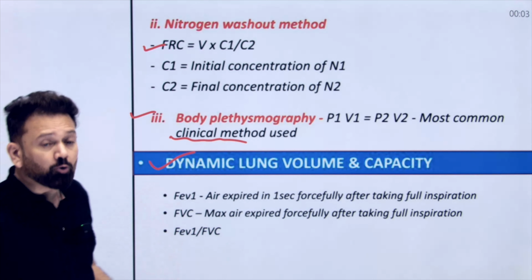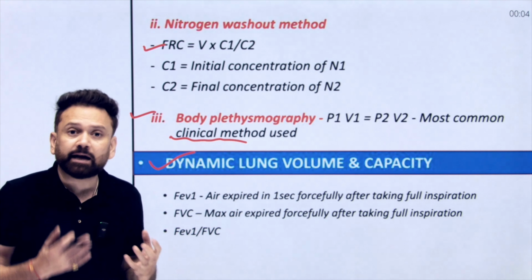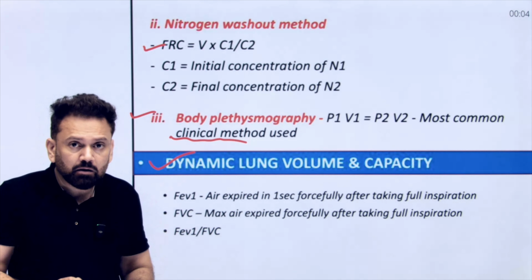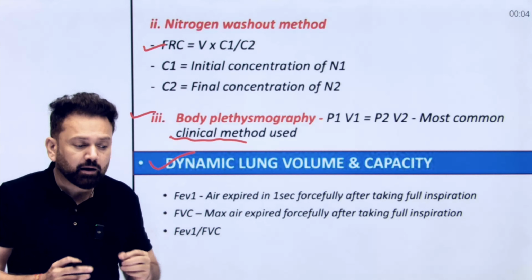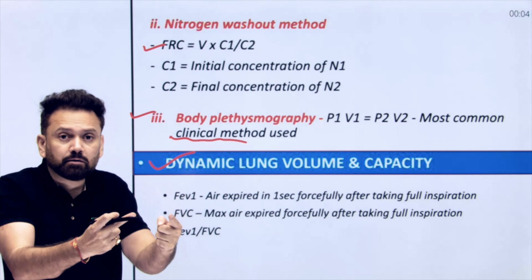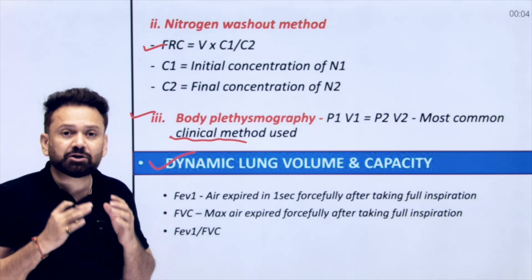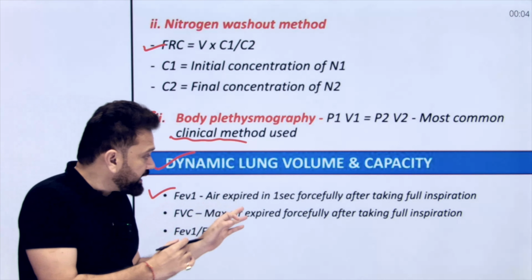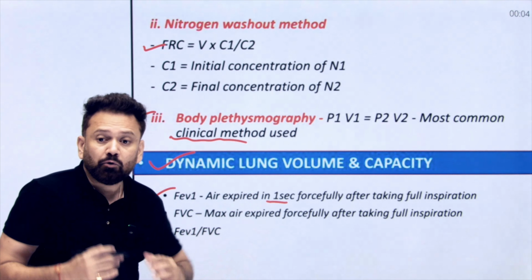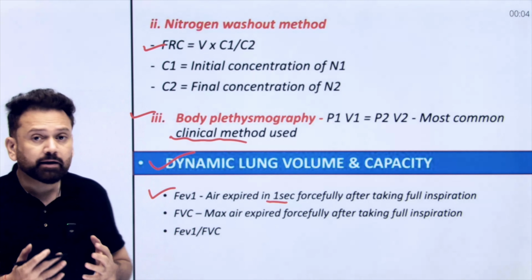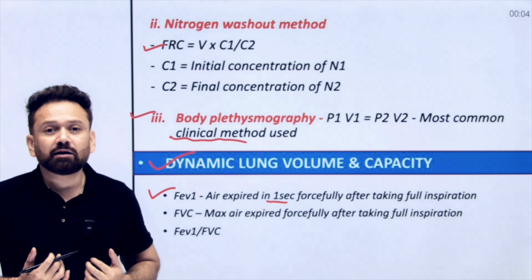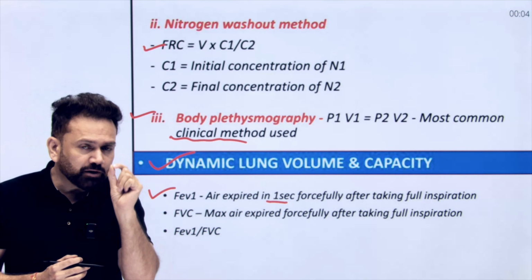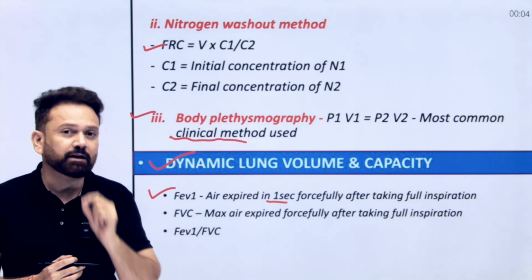Dynamic lung volume and capacity also involves time. For example, the maximum amount of air which you can expire forcefully after full inspiration is called FEV1. So air expired in 1 second forcefully after taking full inspiration is called FEV1. What is FEV1? The amount of air released in only 1 second.